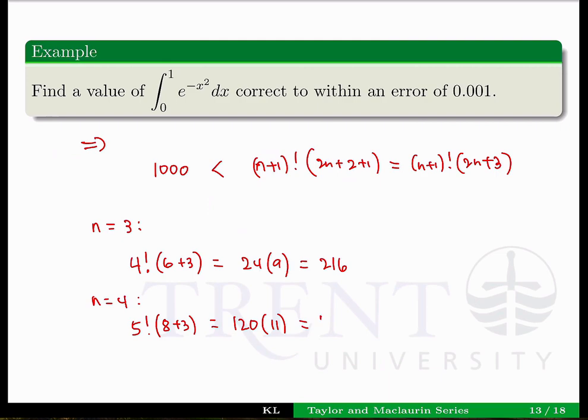This is equal to 1320. And now this is greater than 1000. Therefore, we choose n equals 4.